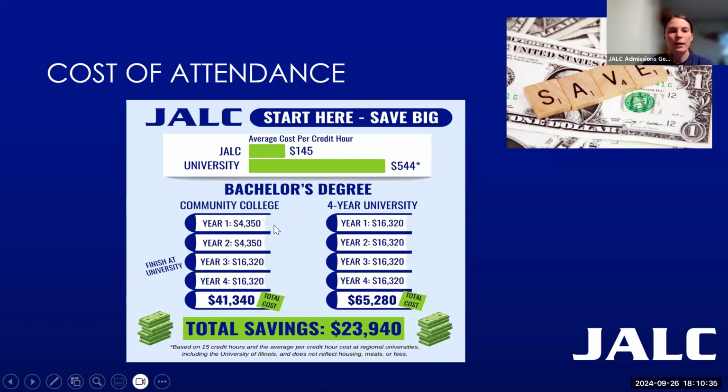So this is showing about $4,350 your first year and your second year, and then you see your third and your fourth year, finishing at a university. If you start off at a university year 1 and year 2, that's over $20,000 difference. So that's going to be money back in your pocket, or money that you're not spending.